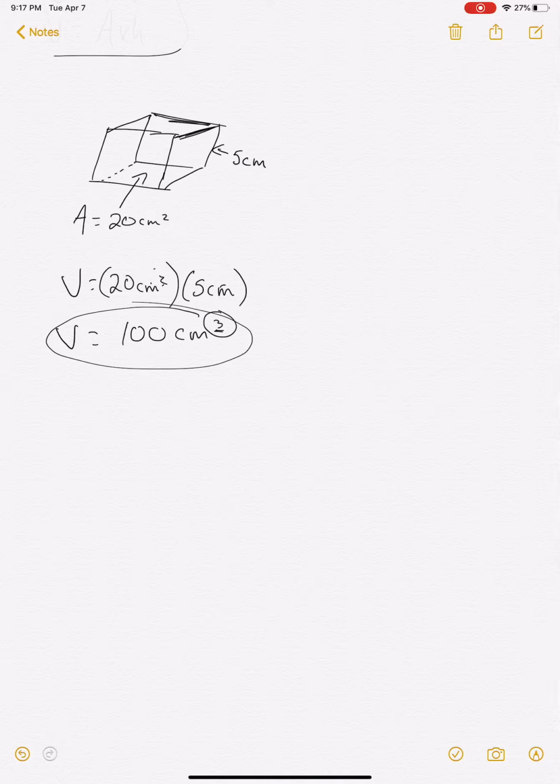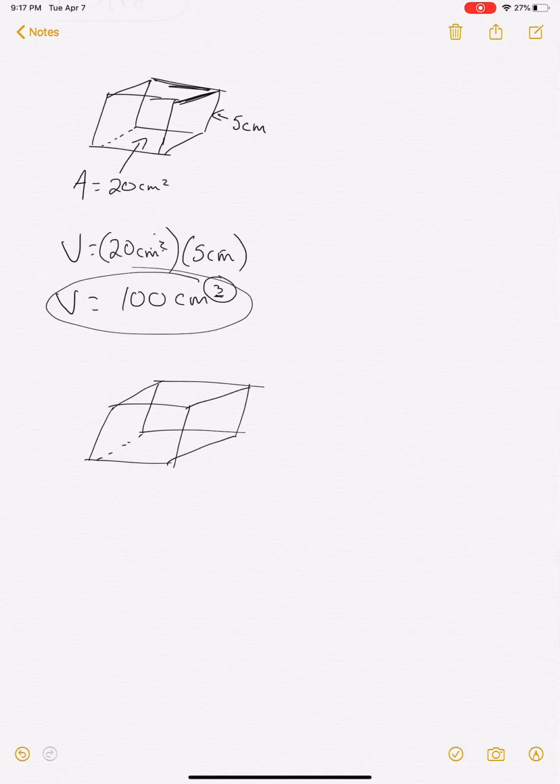So let's do another really quick example of this. Again, this should be pretty straightforward for you guys. We've done this before. I'm going to redraw this.